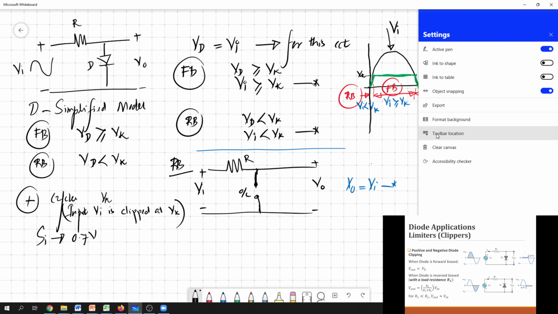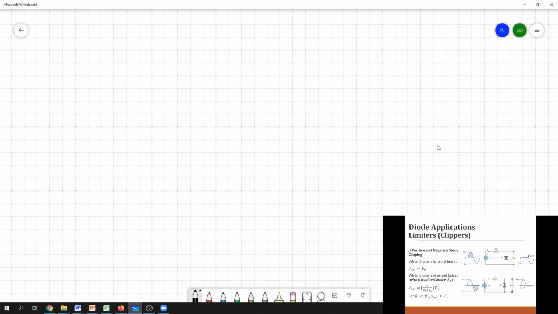So then see what happens to this circuit. Okay. So now we'll introduce two diodes instead of a single diode.